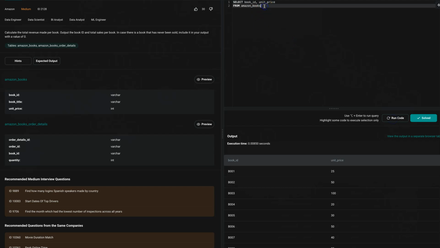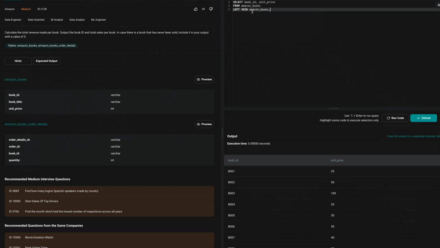Okay, looks good. I don't have the quantity information here, like how many books were sold, for example, for the book ID B001. I don't have that information. How can I connect that information? I can connect it from this other table by doing a left join. Why the left join?